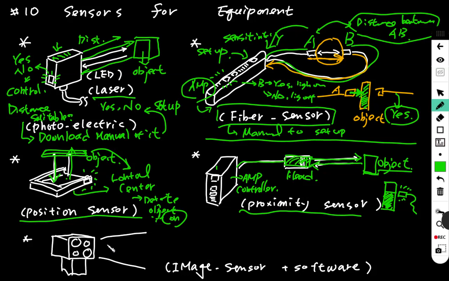This is the expensive, specific sensor we call the image sensor. Using this sensor, we usually shoot with fixed software.